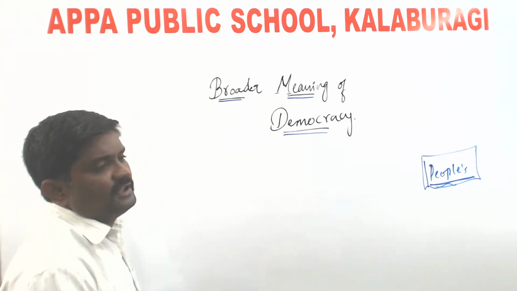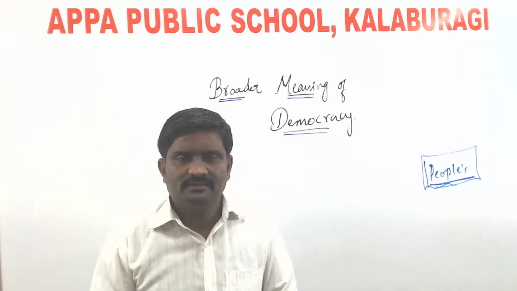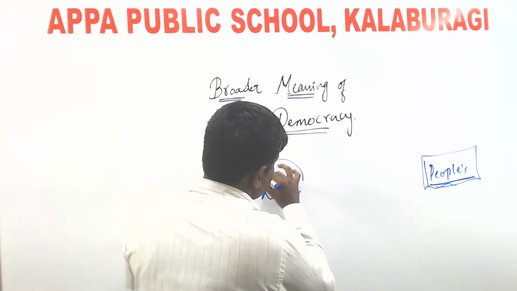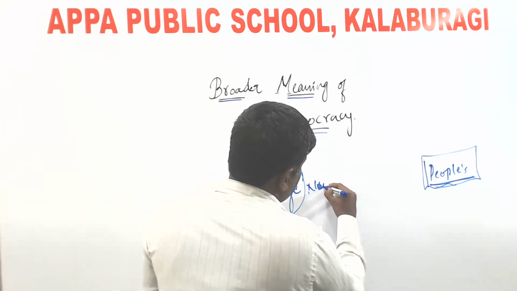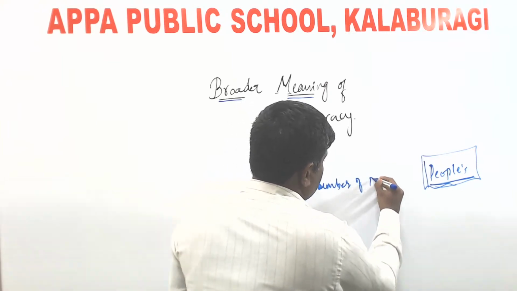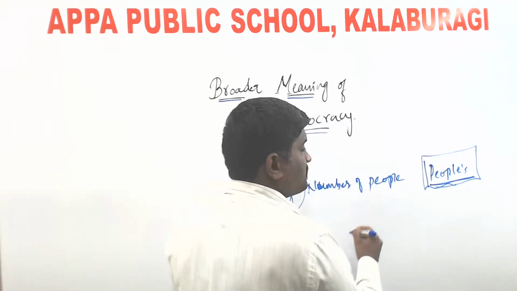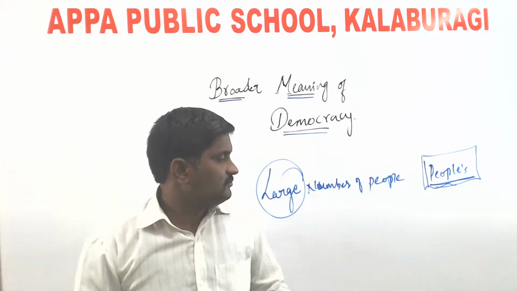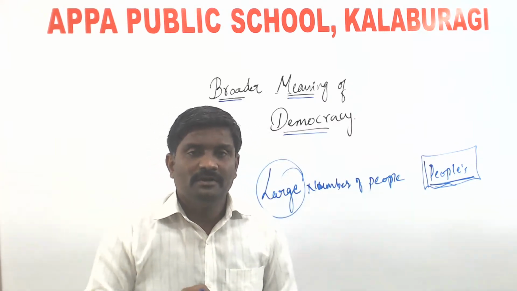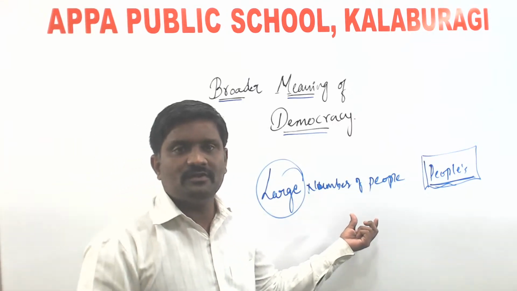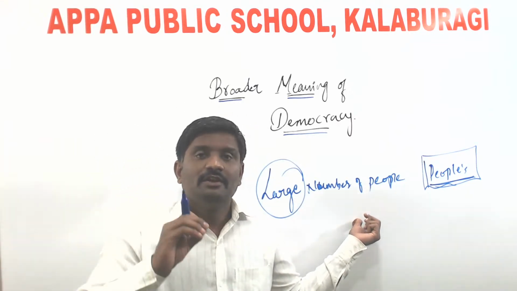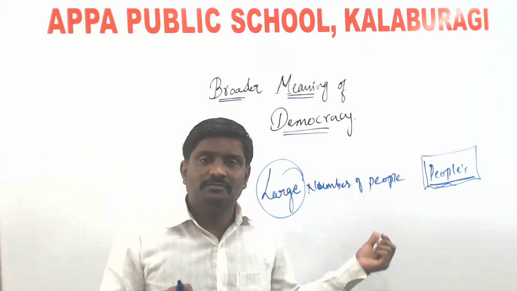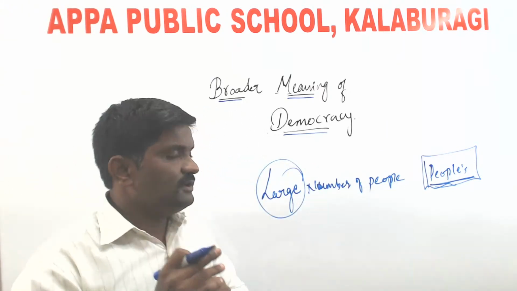And as we discussed, modern democracies involve a large number of people, but it is not possible for them to sit together and take collective decisions.